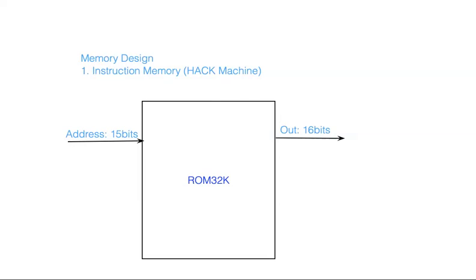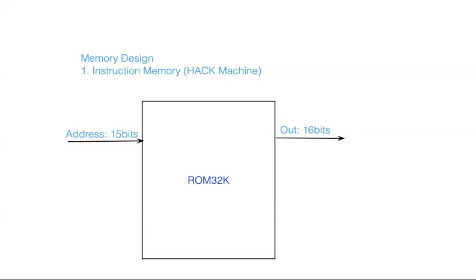And the second thing is for 32K. You can calculate: 32K equals 2 to the power 15. 2 to the power 10 is 1K, and 32 is 2 to the power 5.